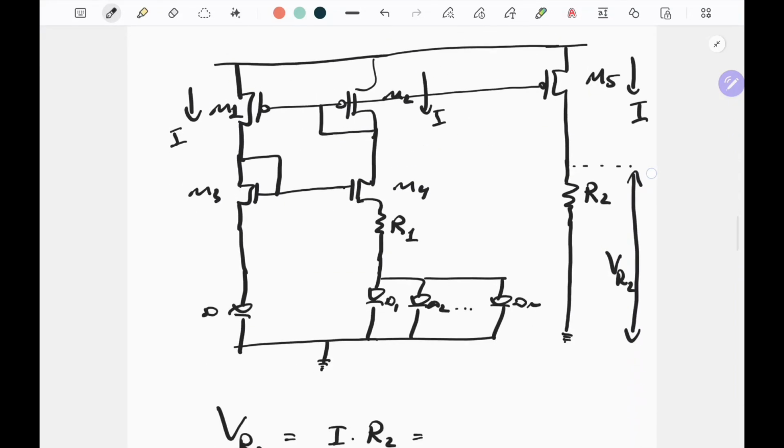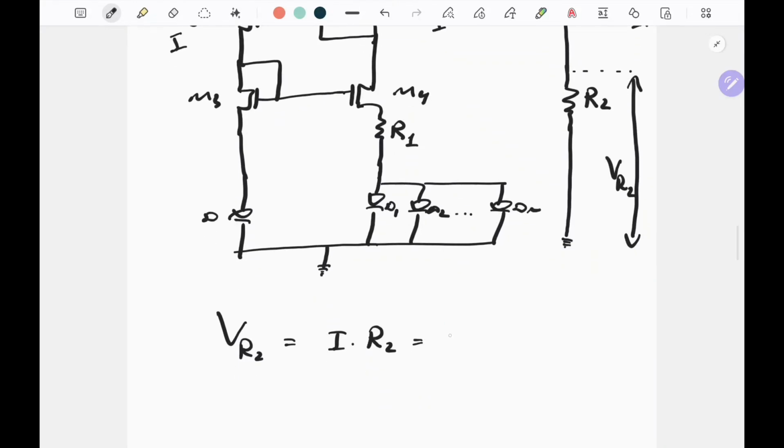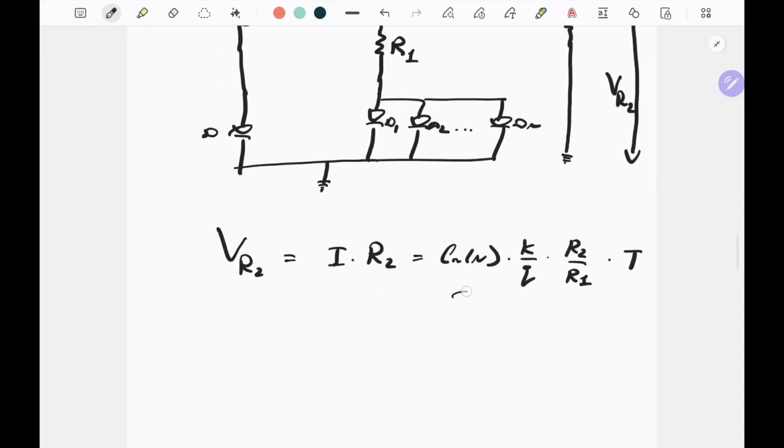It is log of N times K over Q times R2 over R1 times T. And notice that this coefficient in front of T is positive.